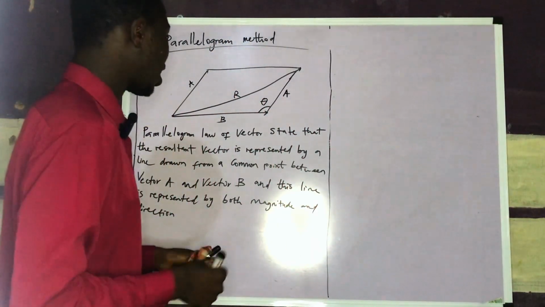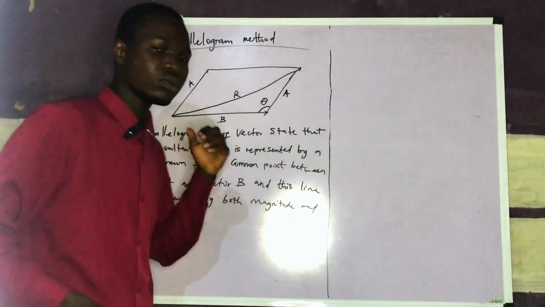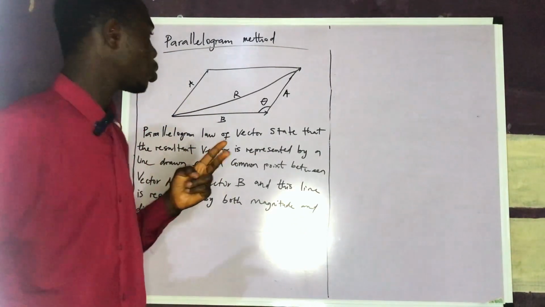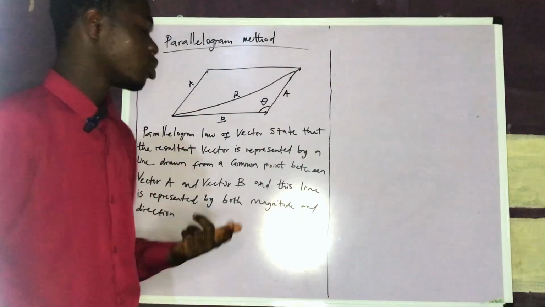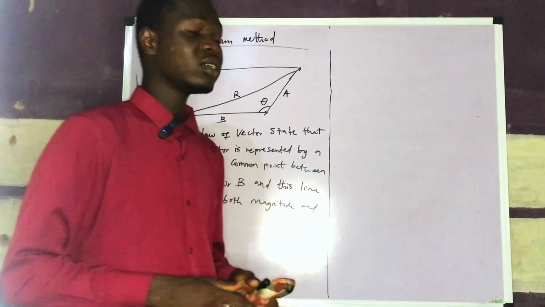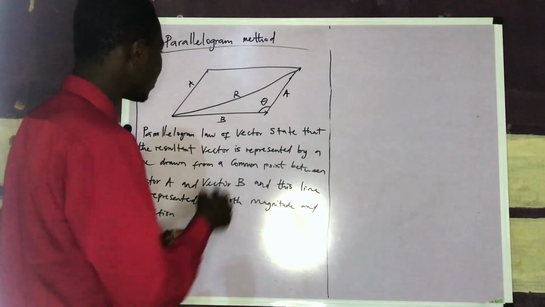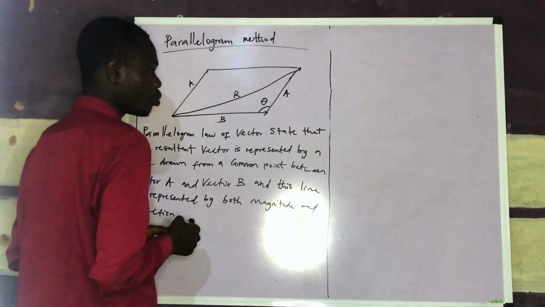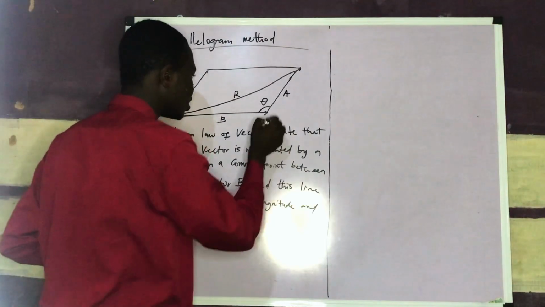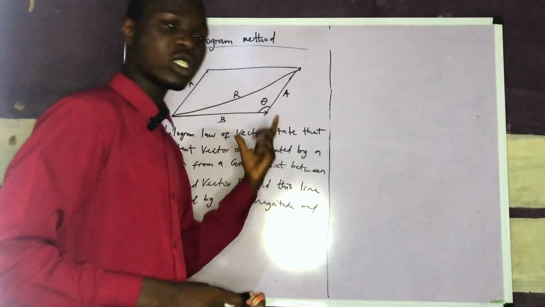You can only apply the cosine rule when you are given two sides of a triangle and one included angle. When I say included angle, that means the angle that is joining the two sides together. So if you are given two sides and one included angle, you can use the cosine rule.